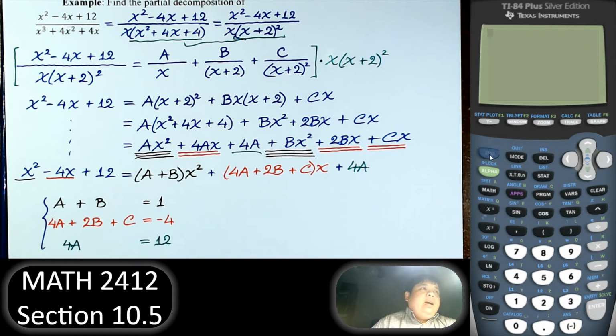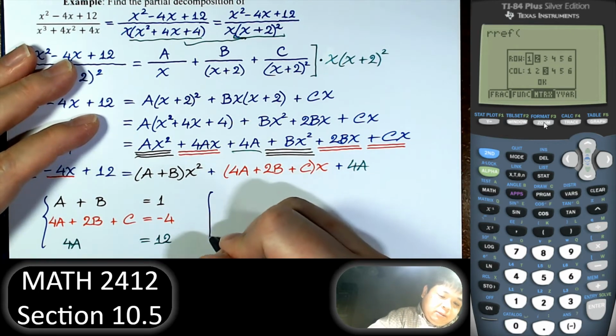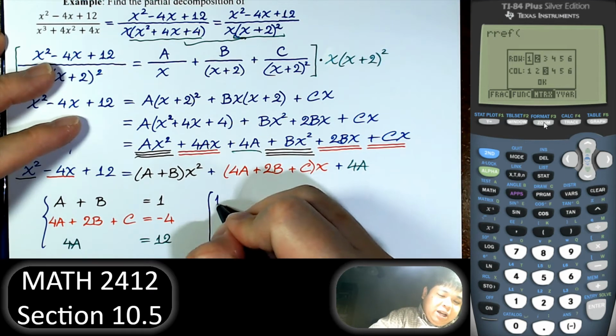Alright, now we will do the reduced row echelon form. But now we can enter the matrix directly in the home screen. Hit alpha, zoom. Let's just write the matrix first. There's a lot of ways to solve this by hand easily.